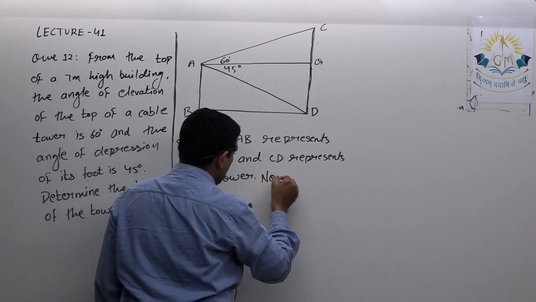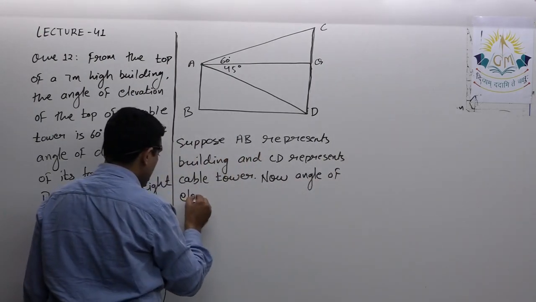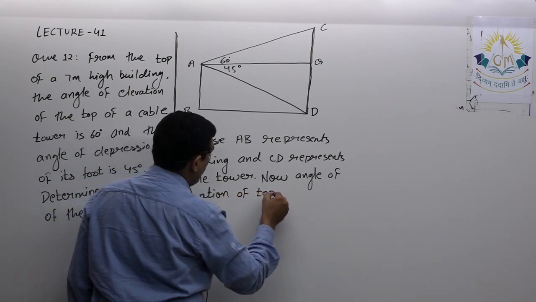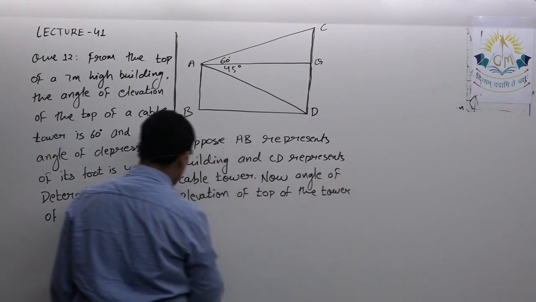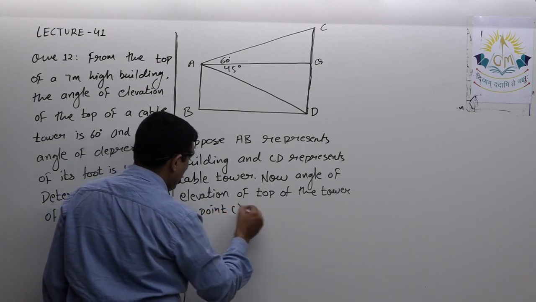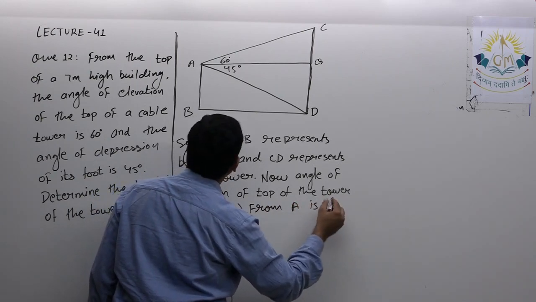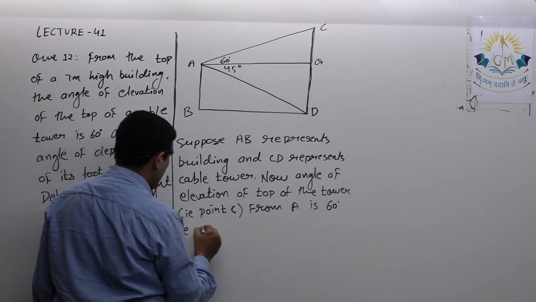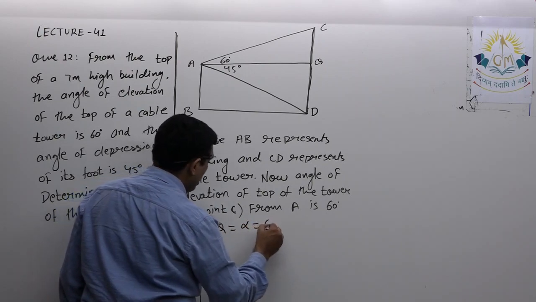Now angle of elevation of top of the tower, that is point C, from A is 60 degree. That is, I can write angle CAQ is equal to alpha is equal to 60 degree.